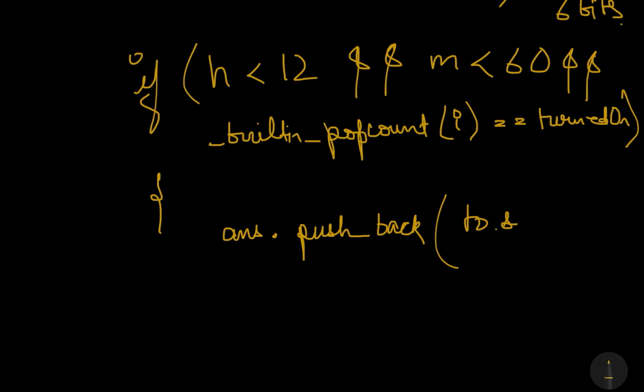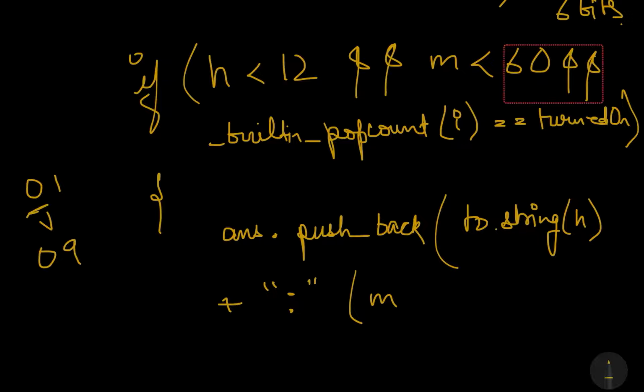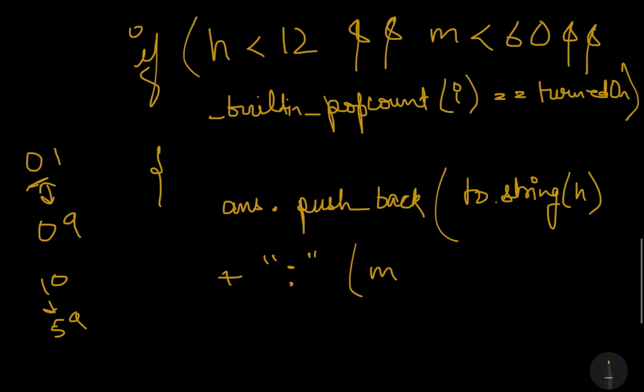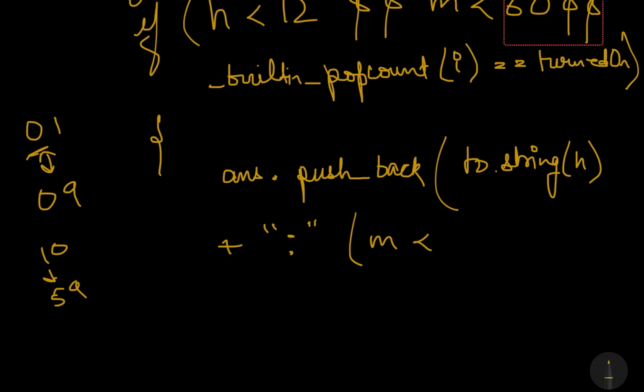How will we push back? We'll convert the hour to a string, then we'll add our colon, and then we'll add our minutes. For adding minutes, we have to add a 0 if it is from 0 to 9, else we can add just 10 to 59. So if m is less than 10, then we'll append a 0, else we'll not append anything.